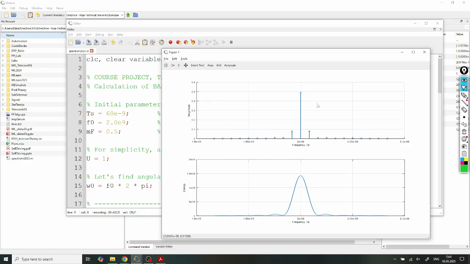Yeah, so some small changes are still there, but otherwise the spectrum really looks like amplitude shift keying. So that's also what we discussed in our lectures. Yes. So this concludes this practical exercise, this course project task exercise.